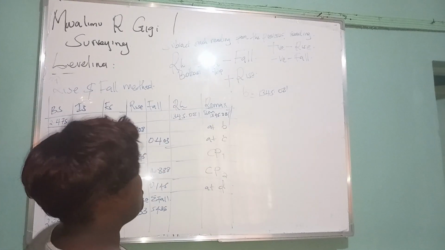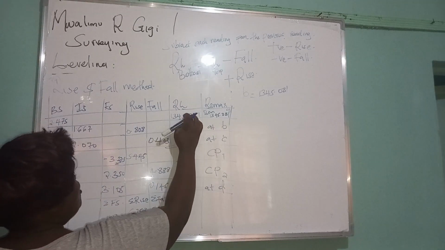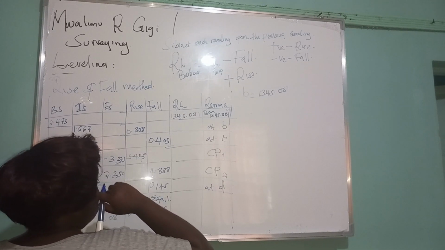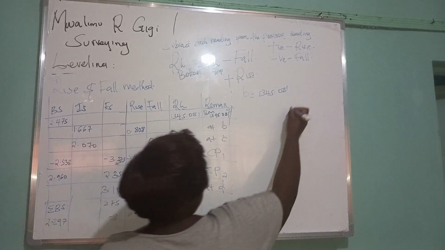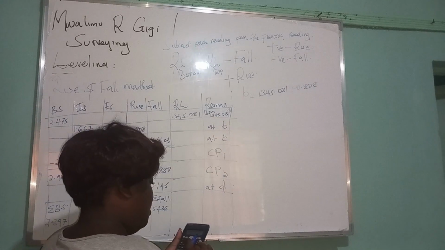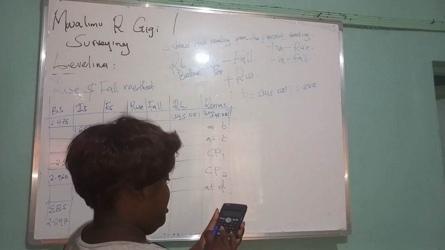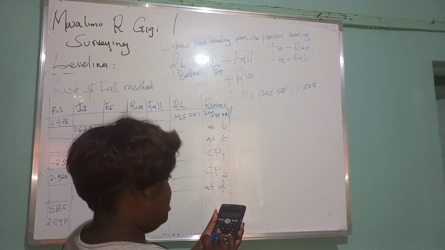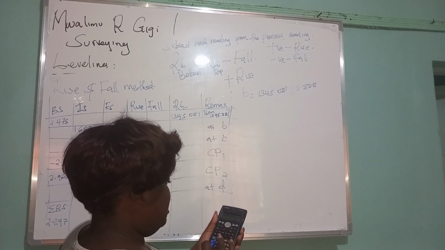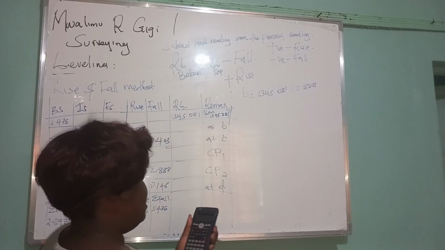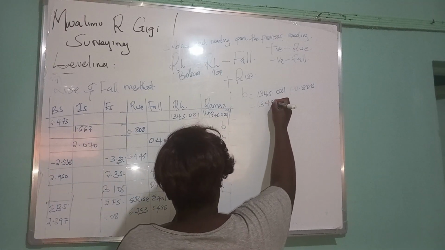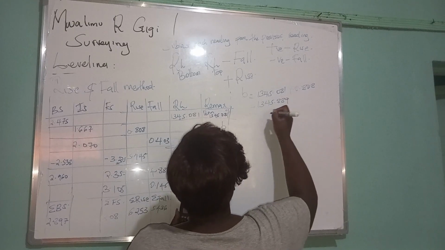So at point B, we have the reduced level at the top as that, and a rise of 0.808, so it is a plus. 1345.081 plus 0.808, so the reduced level is 1345.889.